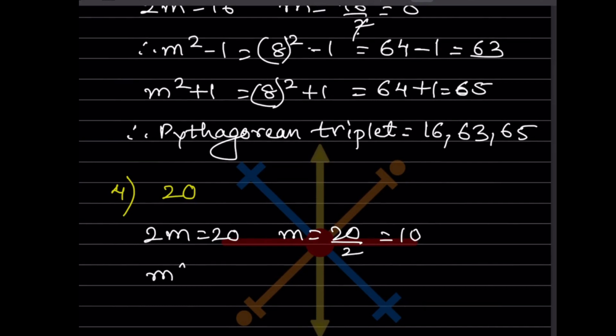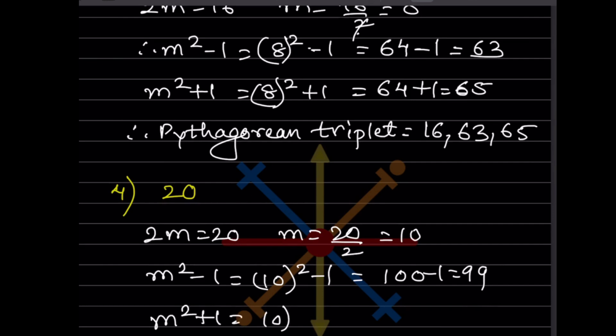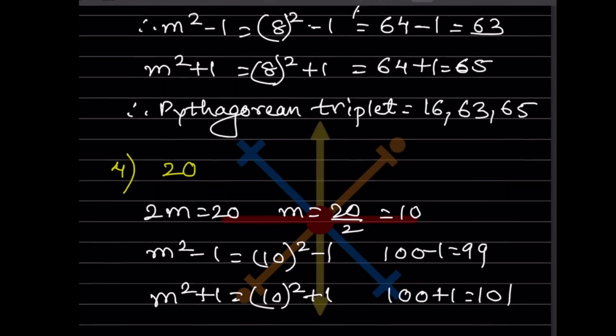Now we will write m square minus 1, that will be 10 square minus 1, that is going to be 100 minus 1, that will be 99. M square plus 1, that is going to be 10 square plus 1, that is going to be 100 plus 1, that will be 101.